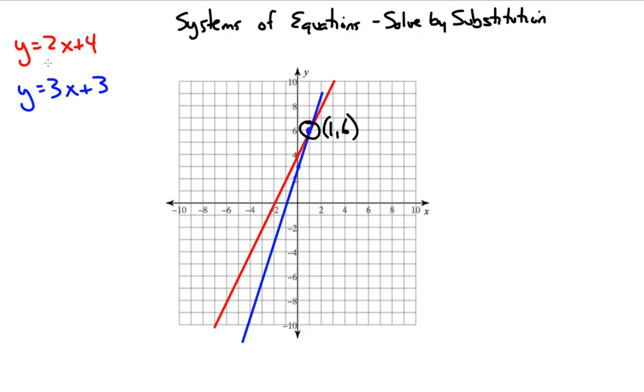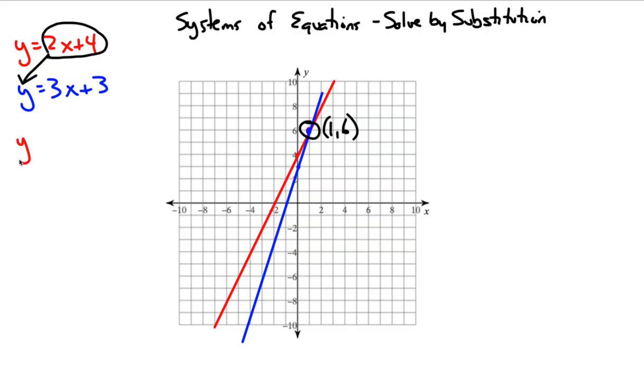And so if this y equals 2x plus 4, I can take that y and substitute it into that one right there. So in other words, if I'm going to rewrite this blue equation, the red y and the blue y are the same.